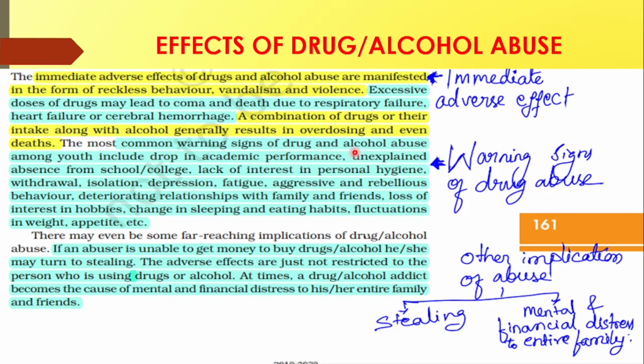The most common warning signs of drug and alcohol abuse among youth include drop in academic performance. अगर कोई स्टूडेंट है वो ड्रग अब्यूज कर रहा है तो उसकी आप देखोगे कि उनकी जो एकेडमिक परफॉर्मेंस है that drops down, ठीक है, बच्चा स्कूल या कॉलेज से एब्सेंट रहने लगता है without any reason. Then lack of interest in, not maintaining proper personal hygiene, withdrawal, remaining isolated, goes into depression, fatigue, थका हुआ फील करेगा, aggressive, बहुत गुस्सा करेंगे, rebellious behavior, not following parents' or teachers' instructions, deteriorating relationships with family and friends, loss of interest in hobbies, change in sleeping and eating habits, fluctuation in weight, appetite, etc.